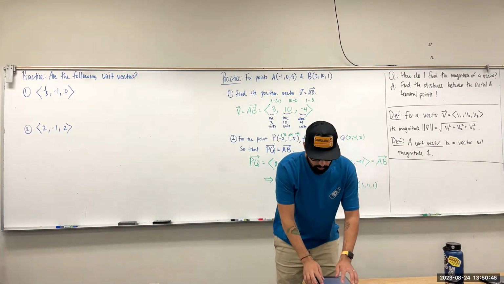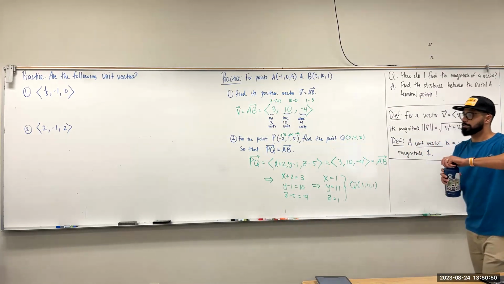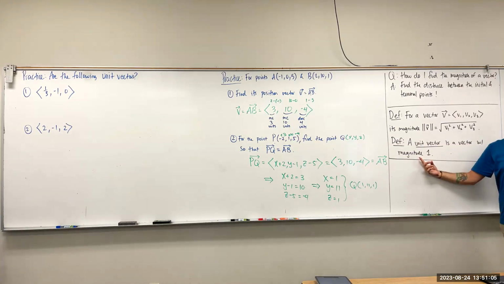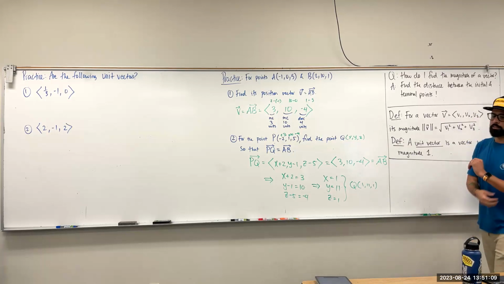See if you can determine if they're unit vectors or not. What do you need to do first? You need to check their magnitude. And if it's equal to 1, then you're good. By definition, it's a unit vector.